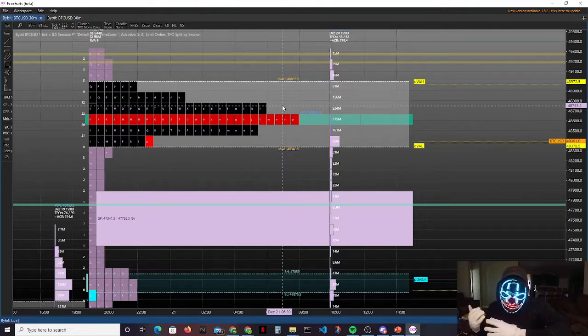Gravitation just falls under knowing imbalances, balances, and why price is reversing right here. Why is there a reaction at this price level? It's literally knowing market theory and using that to your advantage. That's the best way, I believe, to use VPOC and POC. I'm not going to get into a lot of strategies in this video. I will maybe in another video within the series.